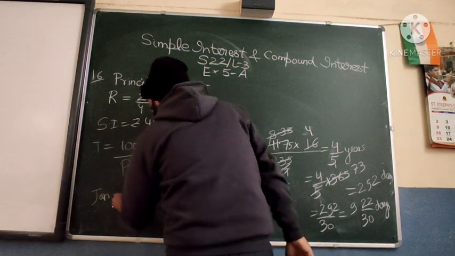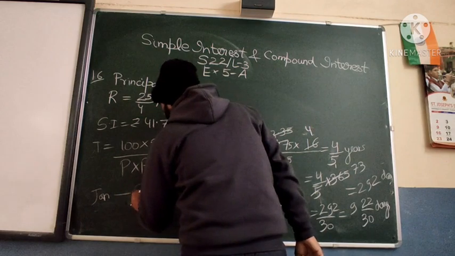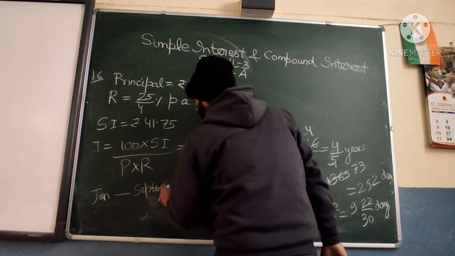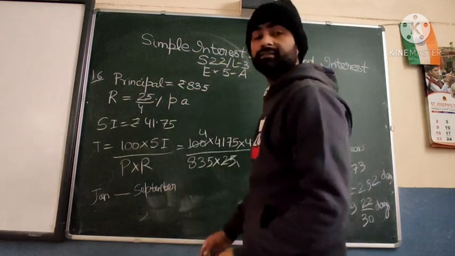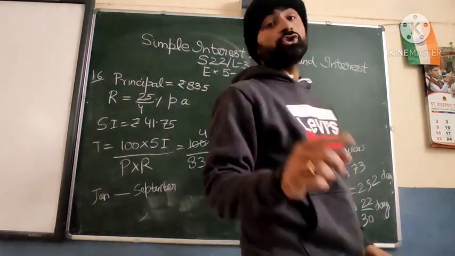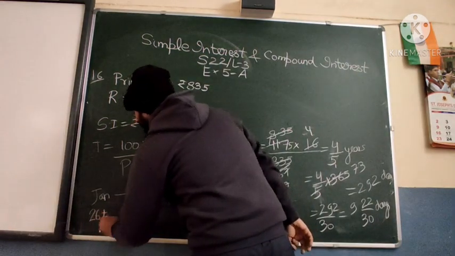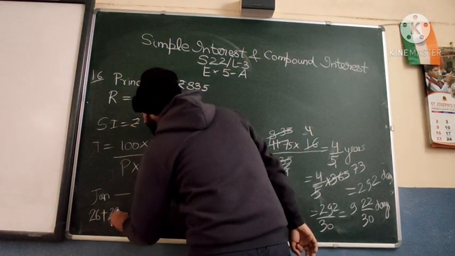So from January to September. In January how many days? We are excluding the 5th of January. So in January how many days? 26 days. February how many days? 28 days.